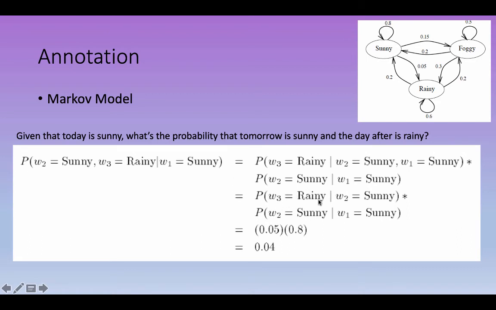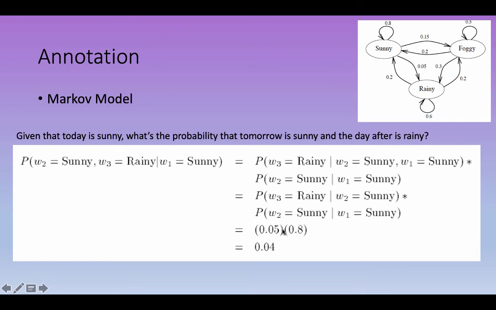And we can then simplify this with a Markovian simplification assumption, and just say what's the probability that it's going to be rainy on the third day, based upon the fact that tomorrow is going to be sunny, times the probability that tomorrow is sunny given that today is sunny.